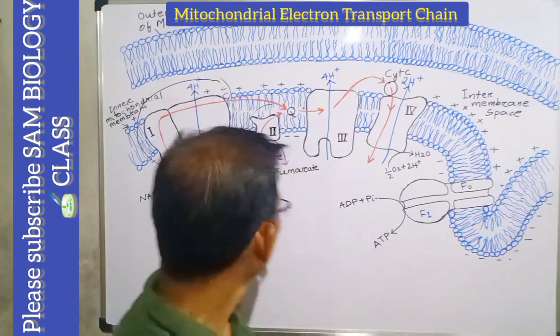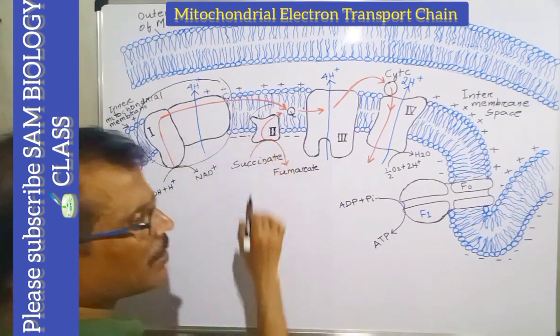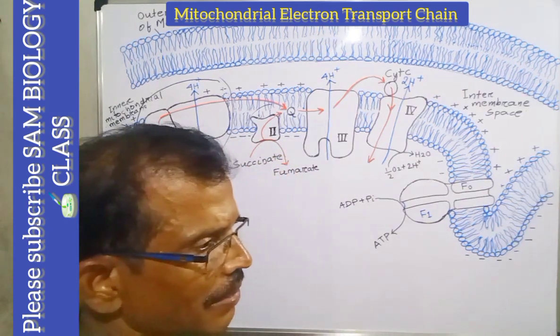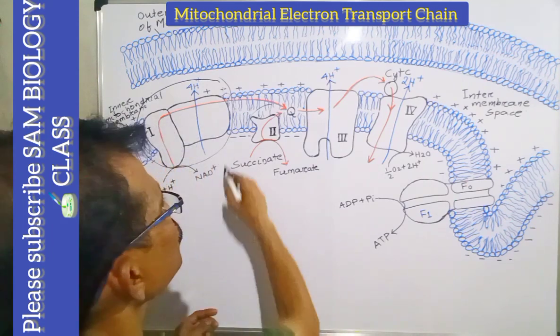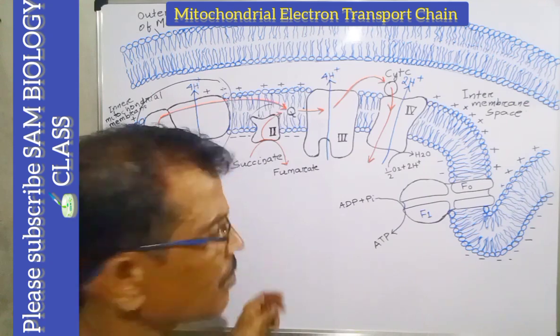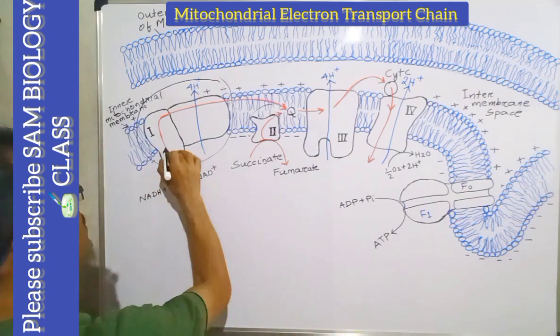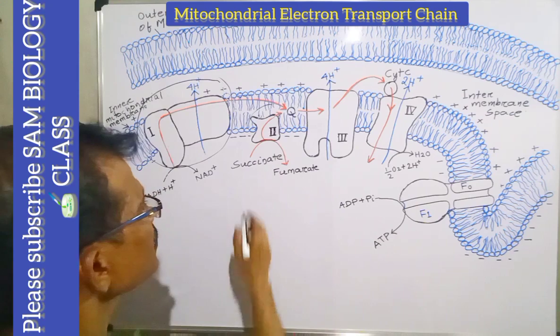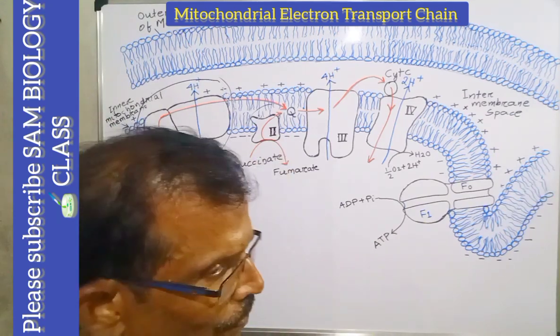Out of four, complex 1 and complex 2 catalyze the transfer of electrons to ubiquinone from two different electron donors, such as NADH in complex 1 and succinate in complex 2.